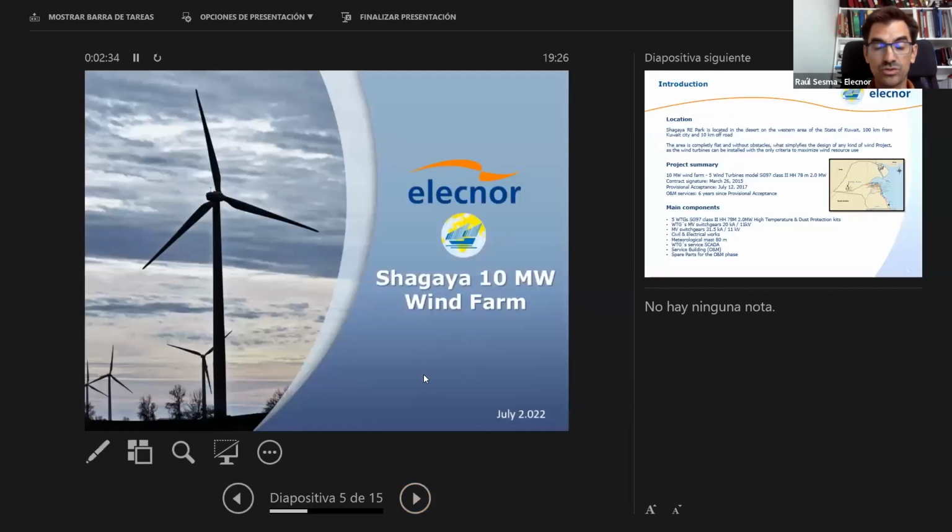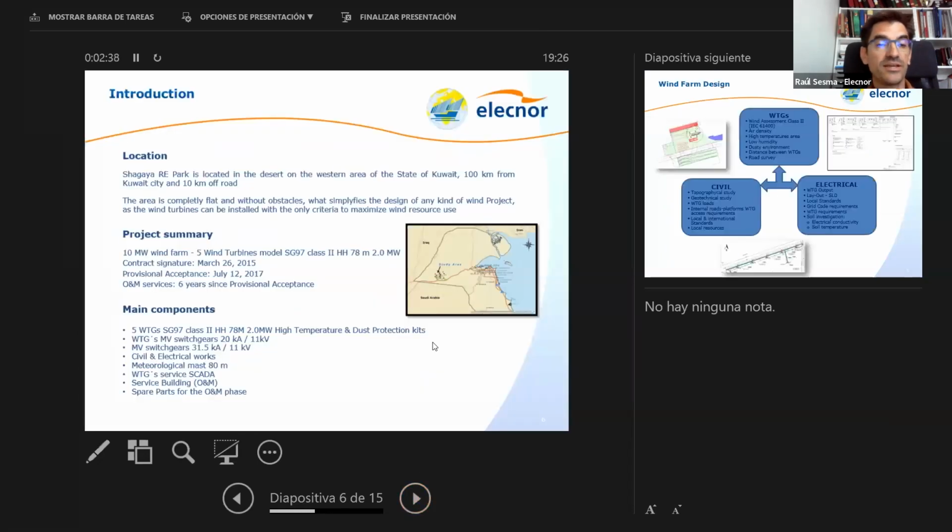And to focus on the Shagaya wind farm, starting with the design and a brief introduction of what the area is. As my colleagues explained before, this is 100 kilometers west from Kuwait city. It means it is far from local supplies, and this presents some difficulties, but there are some points that facilitate the design of a wind farm.